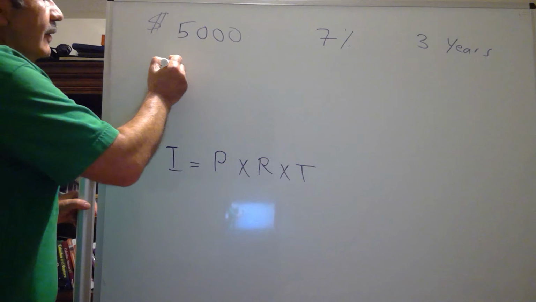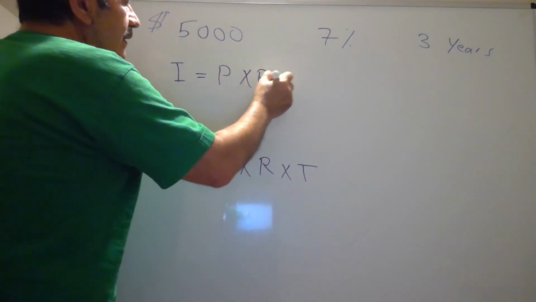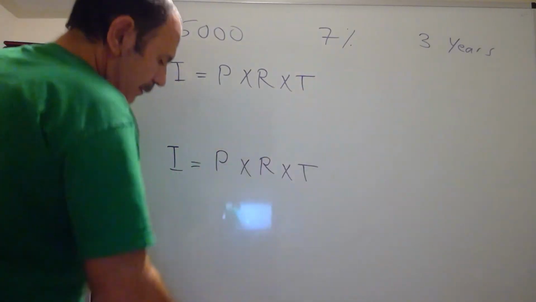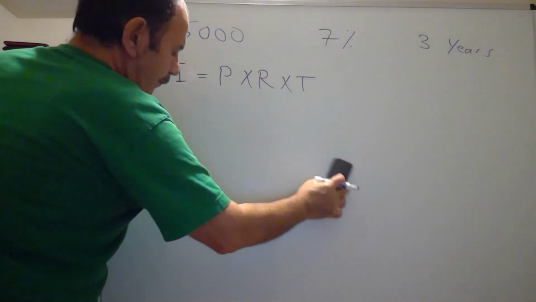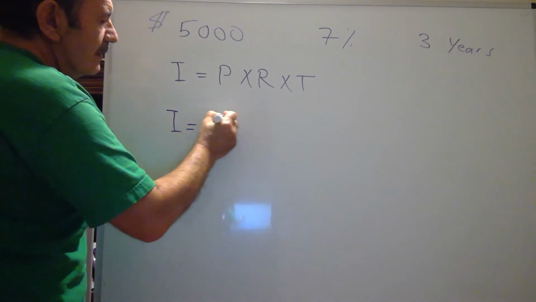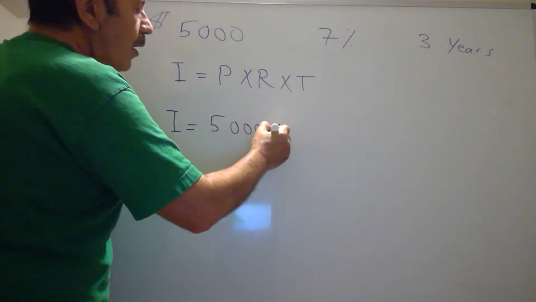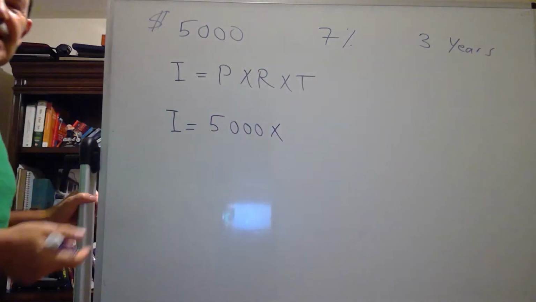So this is the formula. Interest is equal to principal multiplied by rate multiplied by time. How much is the principal? Principal is $5,000. It is the original value that I invested in the bank. How much is the rate? Rate is 7%.